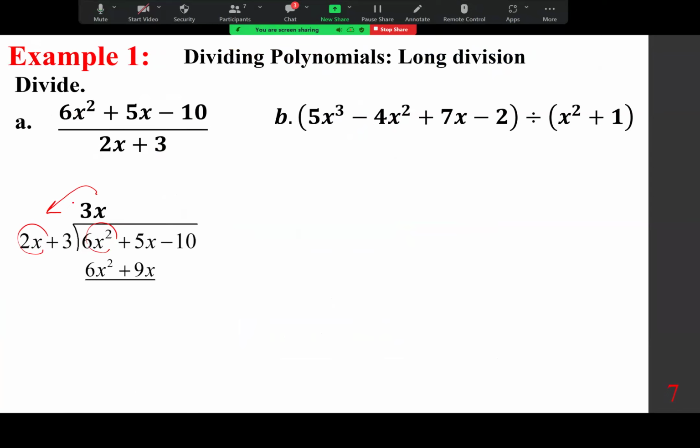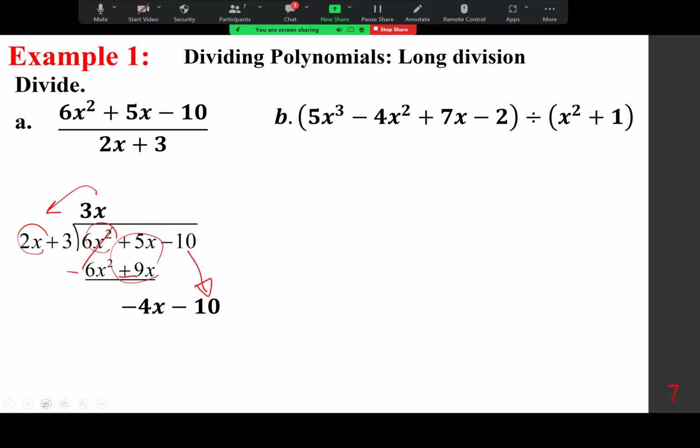We are going to subtract this from the top. So you can change the sign to negative. I'm going to put the negative down here so you see it was originally positive. And these two cancel each other. And these two, positive 5x, negative 9x, they add up to negative 4x. And of course, when you bring this down, you get minus 4x minus 10.